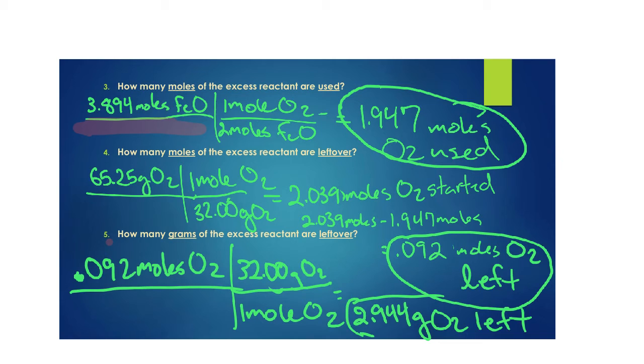And then finally, the very last question is just a simple conversion back into grams of oxygen. So hopefully this is making a little bit of sense. Some practice is really going to help solidify this topic. Before we're done, though, we're going to go into one more topic, which is more applicable to some of the labs. And so stay tuned for the next couple slides.